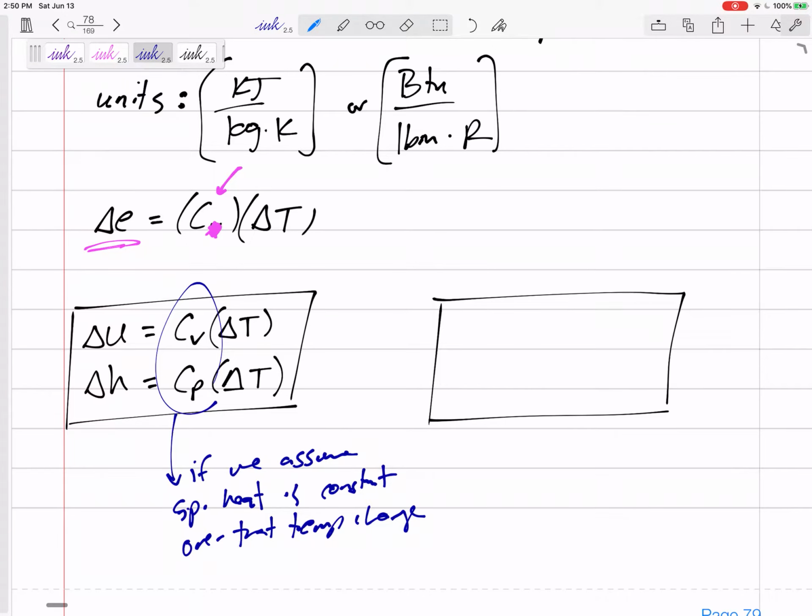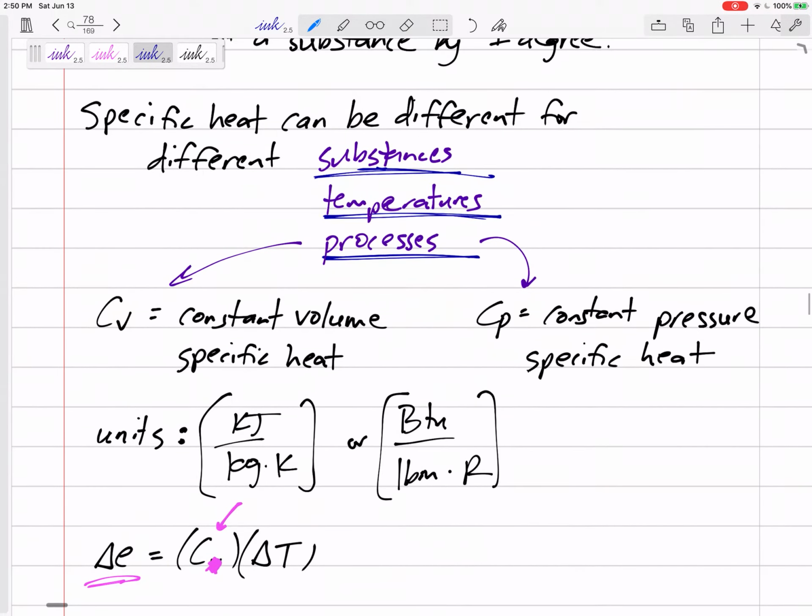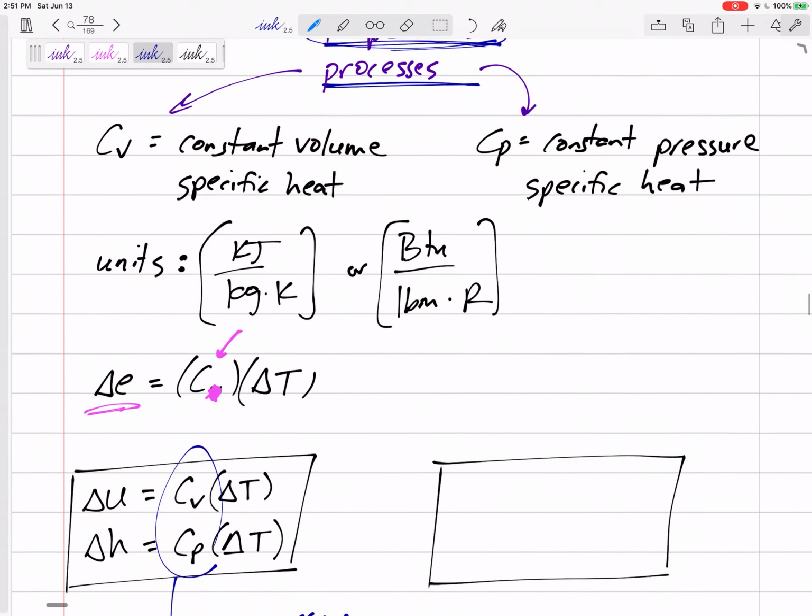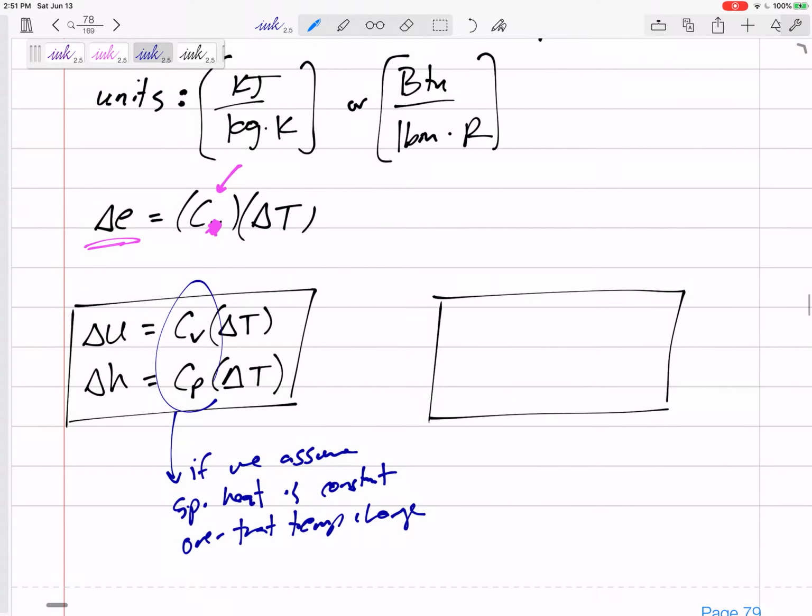Now, we said that it's different at different temperatures, but maybe it's not that much different. Maybe the delta T is not a very large delta T. Then we can just take the CP or CV for that substance, multiply times the temperature change, get delta U or delta H.